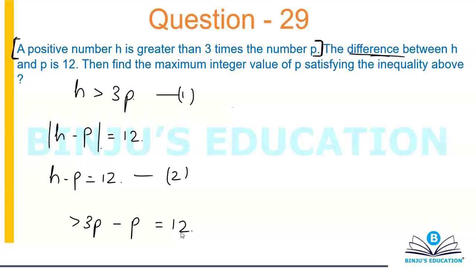So something greater than 3p minus p will simply become greater than 2p, and this will be equal to 12. 3p minus p is 2p. Something greater than 3p minus p will become greater than 2p, right? So greater than 2p is equal to 12, which means p is equal to 12 divided by greater than 2.